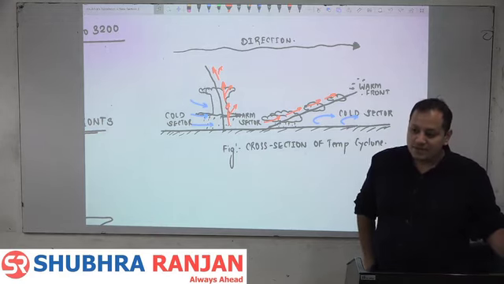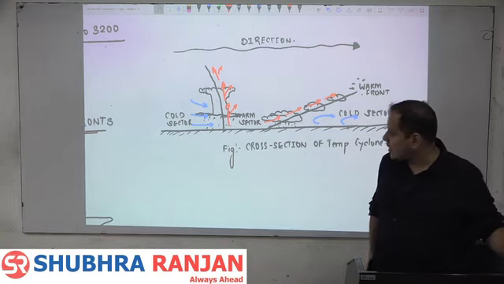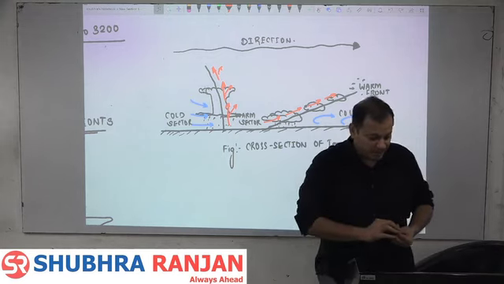Right? So the next subheading, we are writing it in the form of subheadings: Path of temperate cyclones, and that is where you can make the diagram. You can show this path of a temperate cyclone.